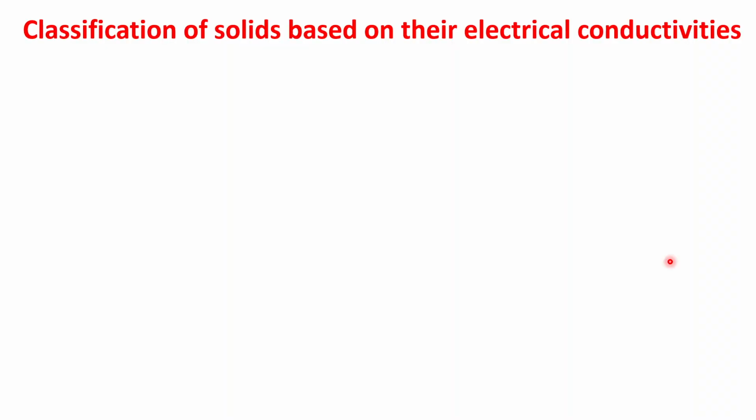Now we'll discuss the classification of solids on the basis of their electrical conductivities. On the basis of their electrical conducting properties, solids can be characterized into three categories: conductors, insulators, and semiconductors.